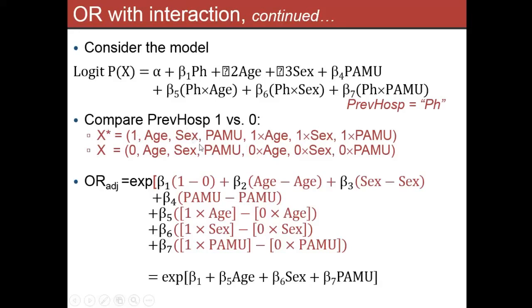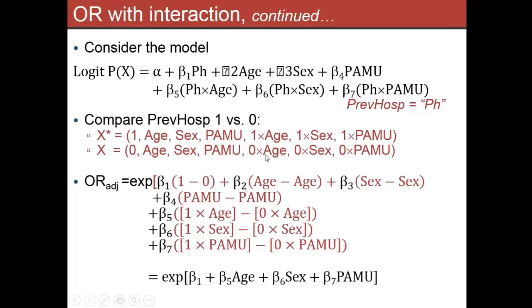Age is the same, sex is the same, PAMU, and so forth. But here, 1 times age, 1 times sex, 1 times PAMU. That's the exposure, this previous hospitalization, times age, times sex, and so forth. And these are 0 times age, 0 times sex. So these are all going to become 0 in the comparison person because they're unexposed.